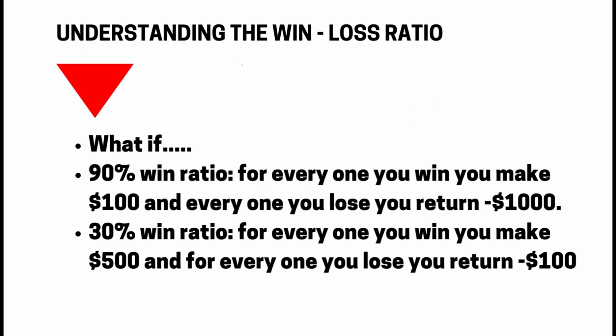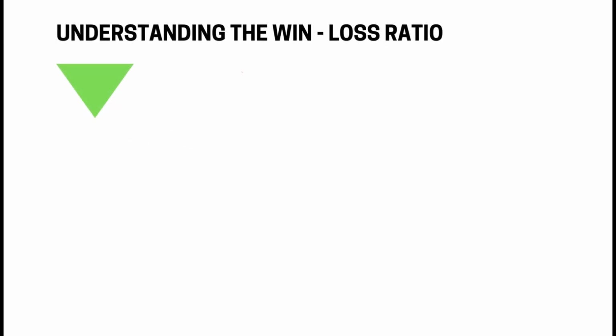What if with the 90% win ratio, for every one you win you make 100, and for every one you lose you return minus 1,000? And what about the 30% win ratio? For every one you win you make 500, and for every one you lose you return minus 100. What are the numbers going to look like, those statistics? Which one is better? What do you reckon?